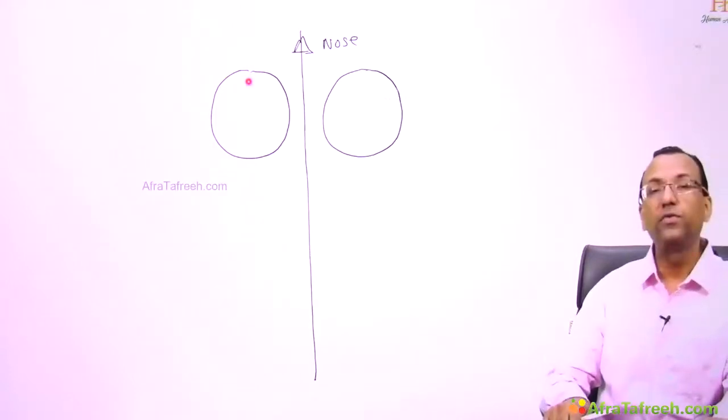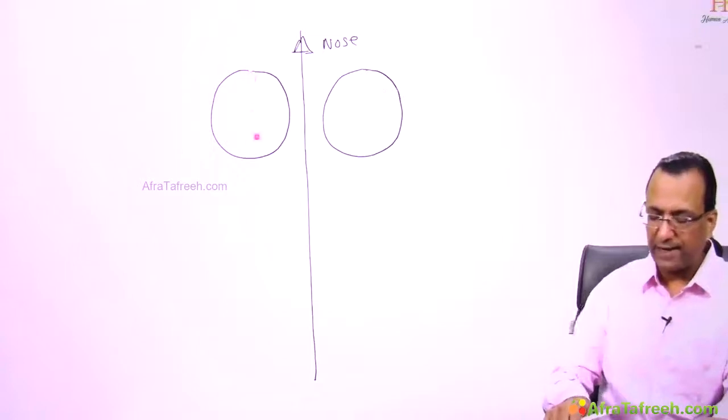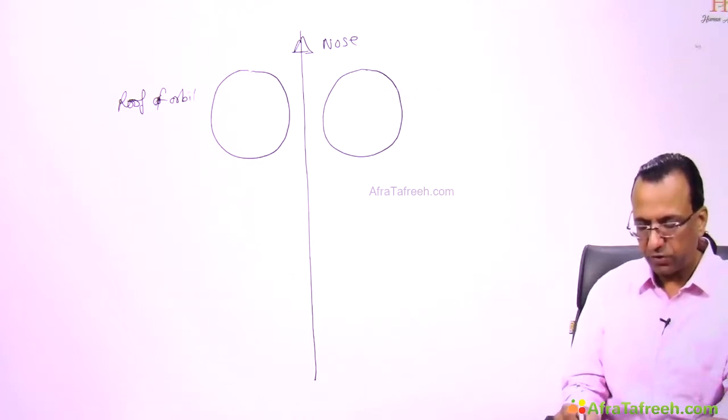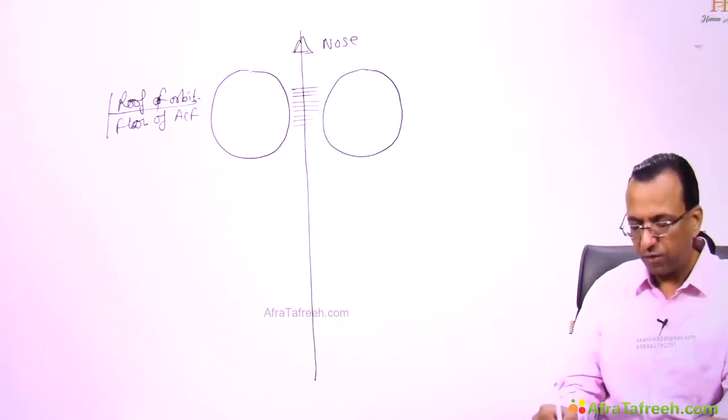This is the roof of the orbit, and whatever you are telling as roof of orbit is also the floor of the anterior cranial fossa.